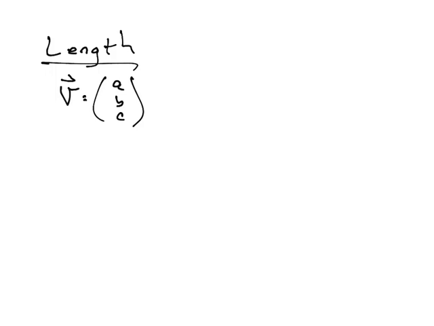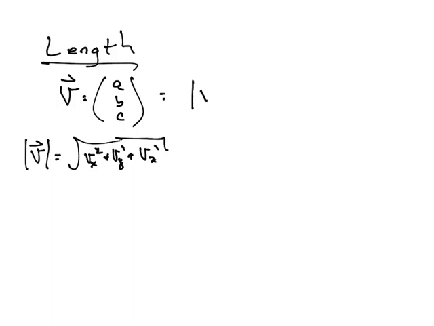Well, we know in general physics when we did vectors, given a vector v, the magnitude of the vector v, which is the length, is equal to the square root of the x component squared plus the y component squared plus the z component squared. Right? Well, that's still true here. In fact, the length, we could call it v.